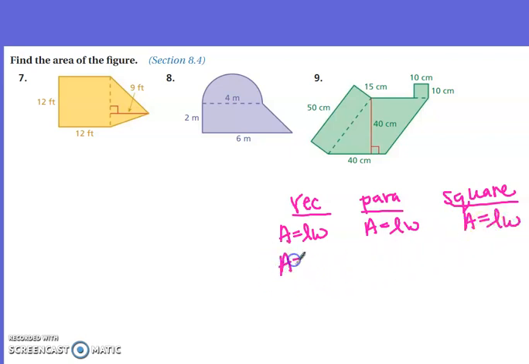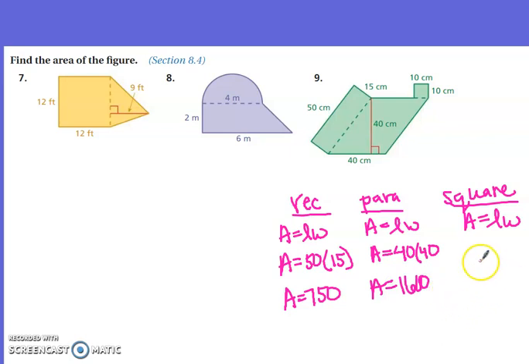For the rectangle, we've got 50 by 15. 50 times 15 is 750. For the parallelogram, we've got 40 by 40, which is 1600.